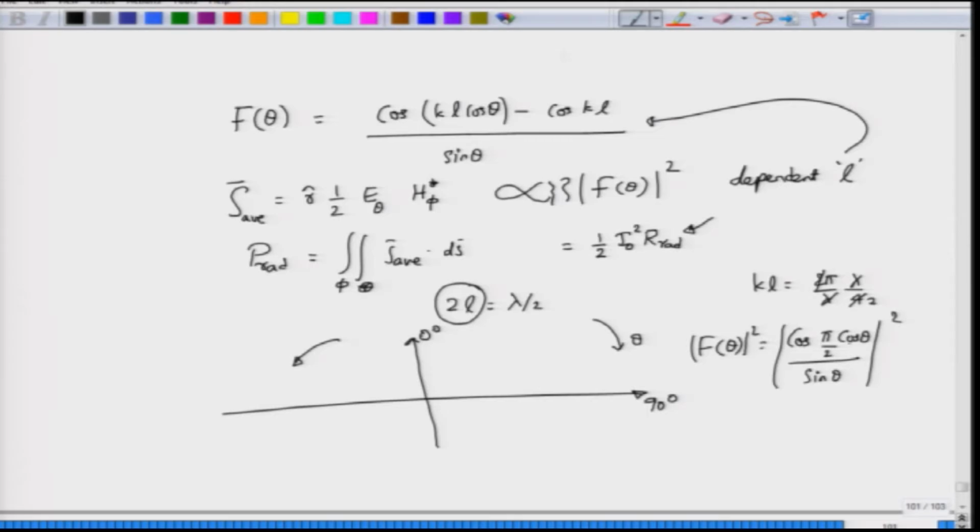What will be the value at theta equal to 0? Look at this expression carefully. At theta equal to 0, sin is 0, and in the numerator you have cos of 0, which would be 1, multiplied by π/2, and the cosine of that would also be equal to 0. So, you have a situation where the numerator is going to 0 and the denominator is also going to 0, and then you are taking the magnitude square of that.